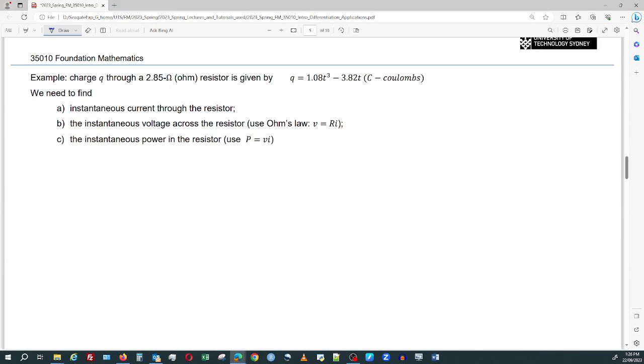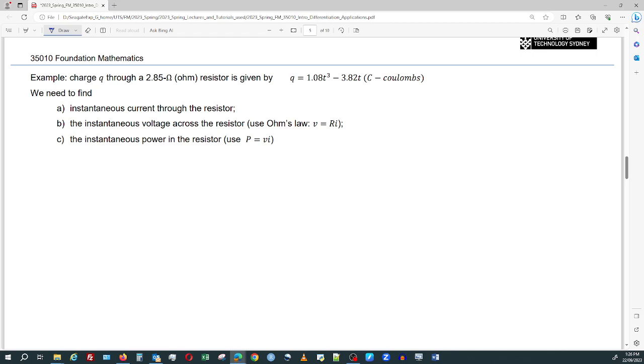Ooh, so here we've got an example that requires us to do a bit of work. What is it about the charge in a resistor? What did we learn about that? Is it any surprise that we're talking about charge? If we differentiate charge, what do we get? We get current.